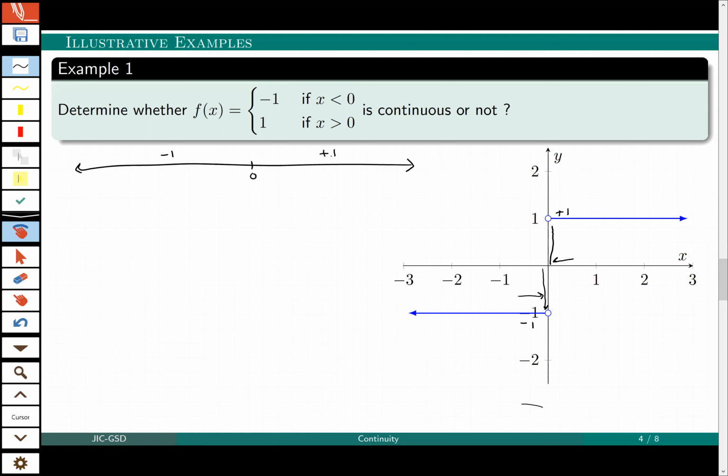So first of all, what is the value at 0? That is undefined. There is no definition exactly at 0.